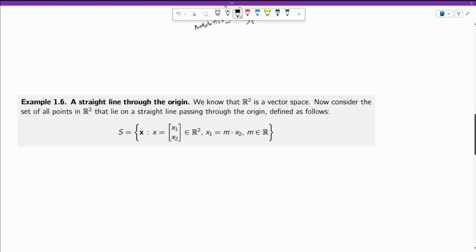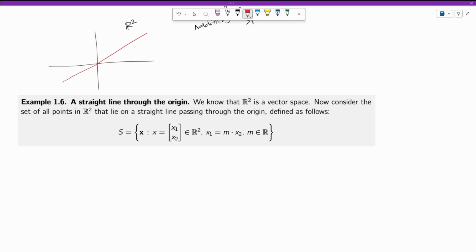Earlier in the class we discussed that if I represent this as R2, lines passing through the origin are subspaces of R2 because they are subsets of R2 and they also are vector spaces by themselves. That means they must be subspaces. We primarily used a geometric approach to show this. Now we will do the algebraic version of that.